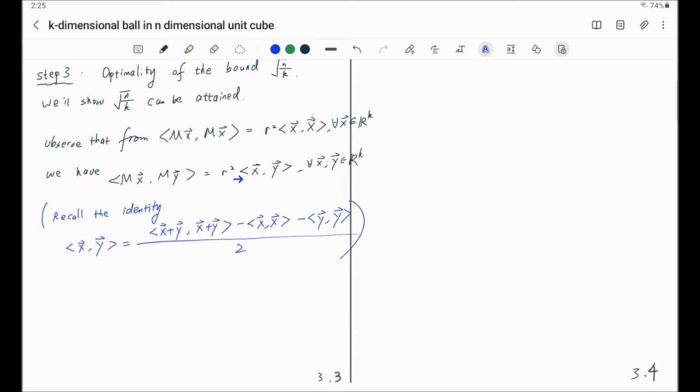And it follows from this identity. So if you write the inner product in the matrix product form, from here, we must have M transpose M equal to R squared times I_k. If you choose x and y to be any pairs of canonical basis elements in Rk, you get this.